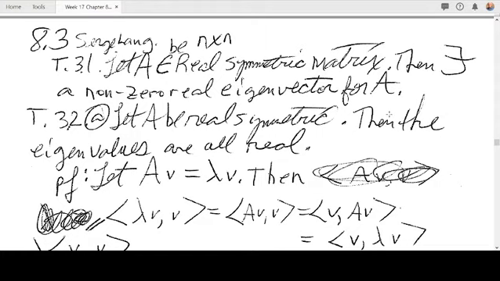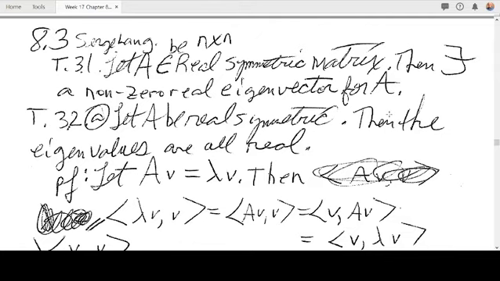That's important. For a real symmetric matrix, all of the eigenvalues are real numbers. There are no complex eigenvalues. So that makes real symmetric matrices easier to work with. Only have to deal with irrational eigenvalues.